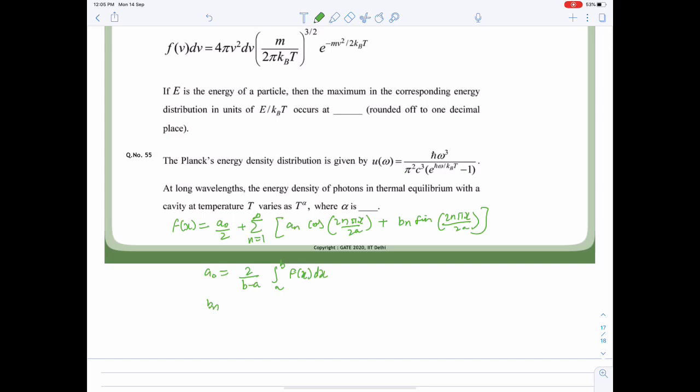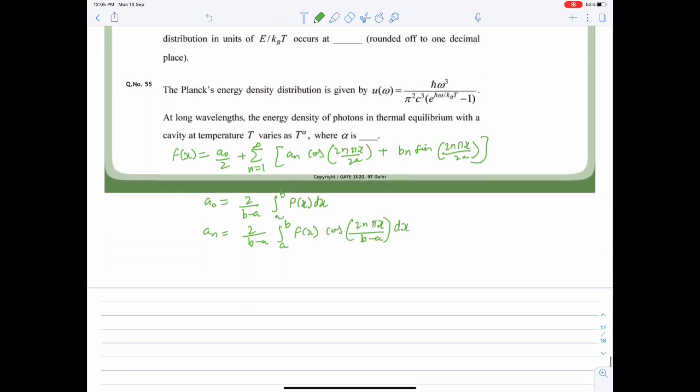Similarly an is equal to 2 upon b minus a times the integral from a to b of f(x) cos 2n pi x upon b minus a dx.